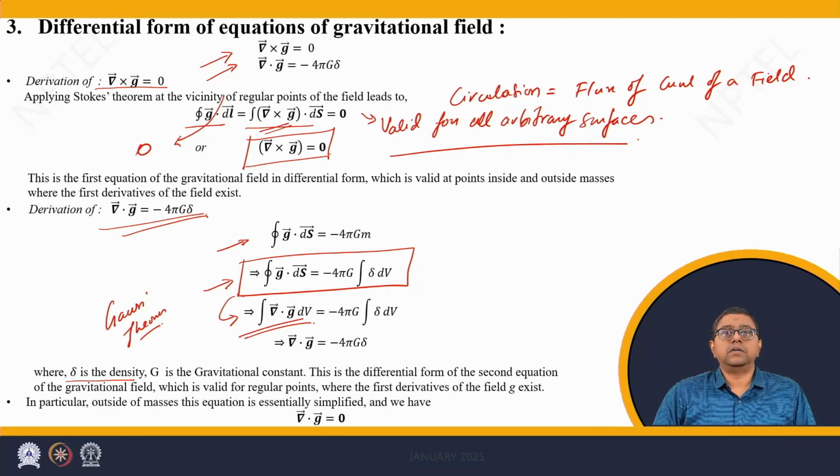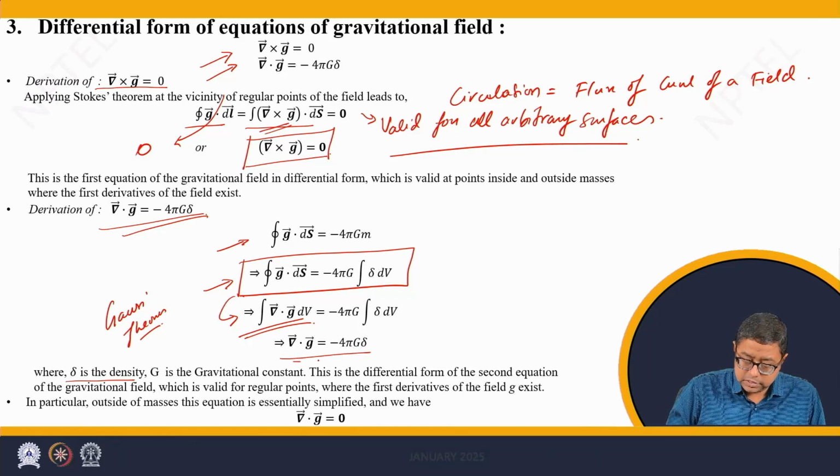You can recall that the Gauss theorem connects surface integrals to volume integrals where the divergence of the field is involved. Because these integrals are equal to each other for any arbitrary volume, we can equate their integrands.